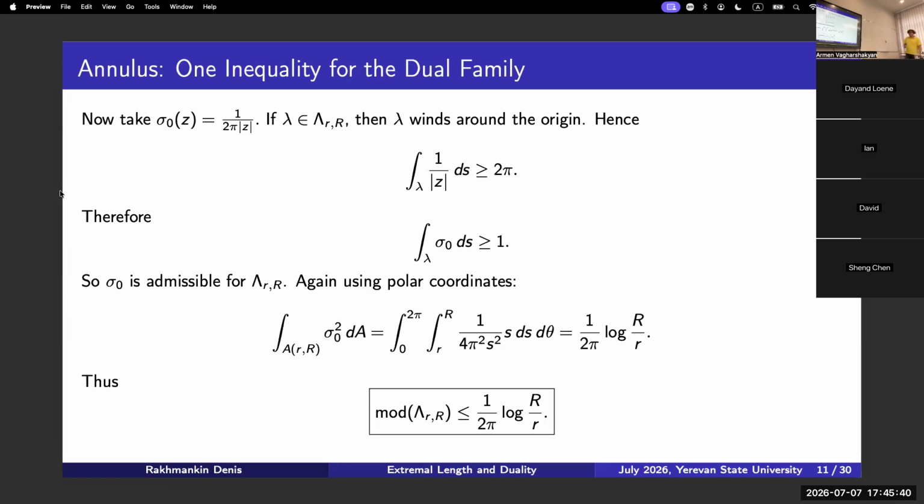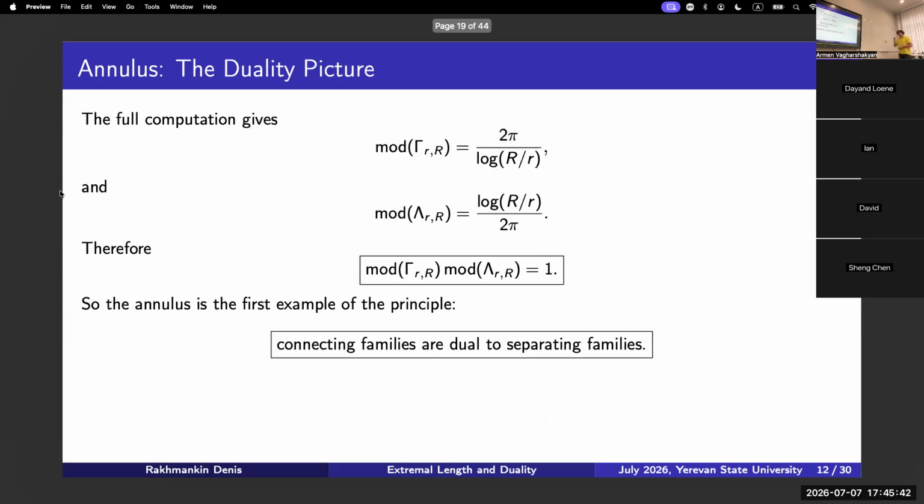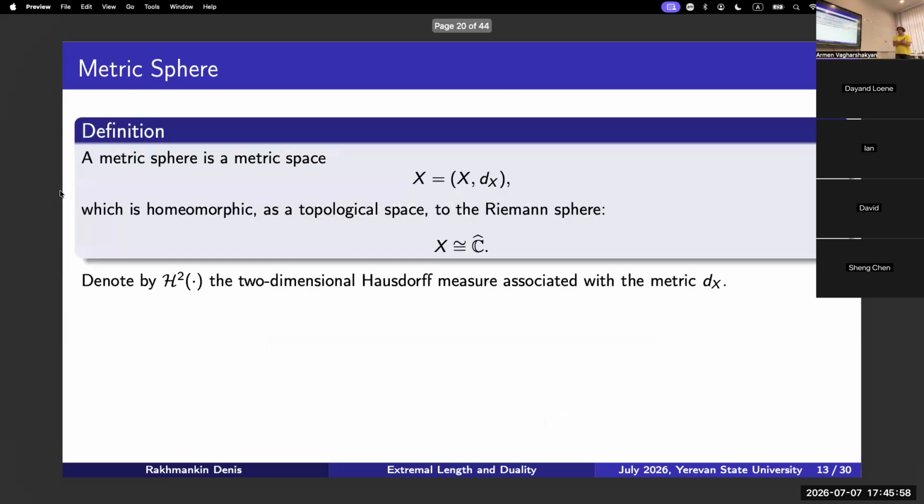That's the first example of duality between connecting families and separating families. I will also extend it to higher dimension at the end of the talk.